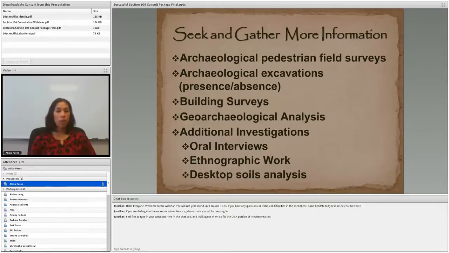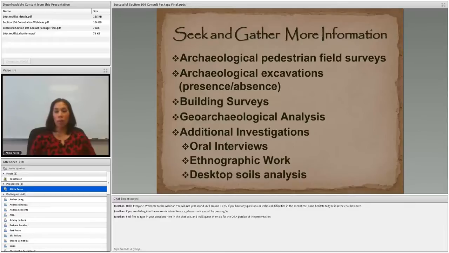If you are using something older, then you definitely want to explain why it's still applicable or still valid. Geoarchaeological analysis may be another method used to gather information, and of course additional investigations such as oral interviews, ethnographic work, or desktop soils analysis.